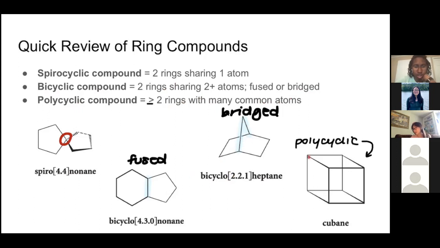As you can imagine, there are a lot of attachments between all these rings. Remember, even a square can be a ring. So let me write that down again. Bicyclic is going to be these guys, and spirocyclic is this one. Any questions?